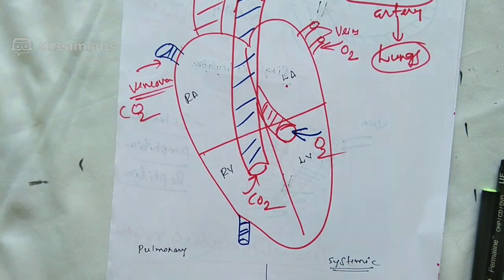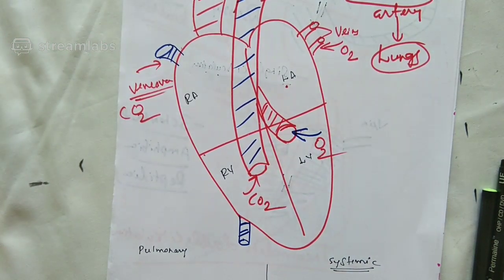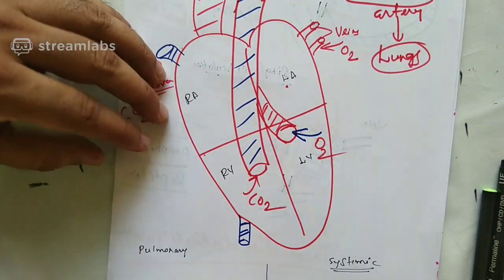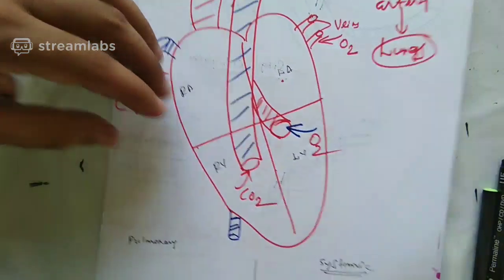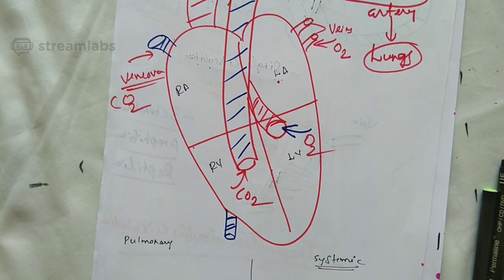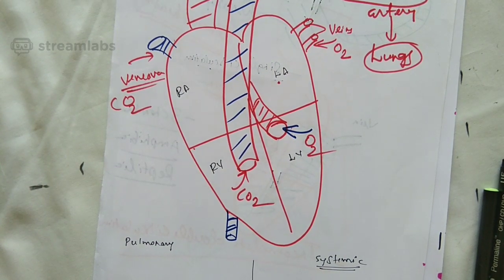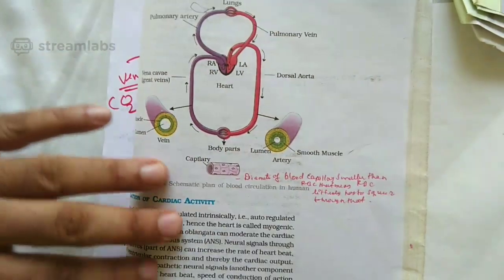Now, we will discuss regarding the double circulation. What is the meaning of double circulation? Quickly we'll discuss that. For that, let me take the diagram for that, double circulation diagram. Yes. See here, friends. Double circulation.